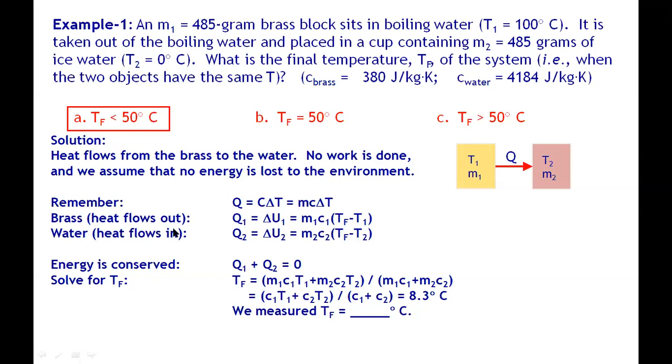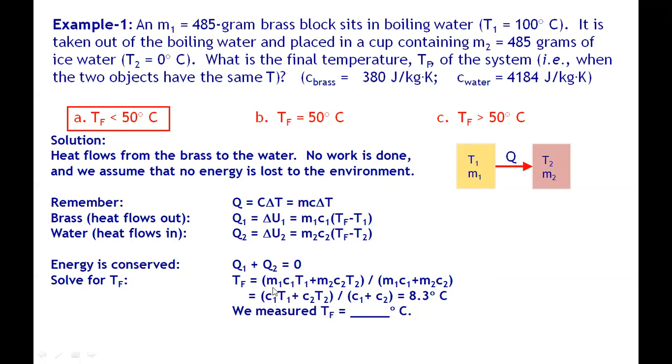And we know that energy is conserved. This means that Q1 plus Q2 equals 0, and we have to solve for T final. Then we substitute Q1 and Q2 into the energy conservation equation.